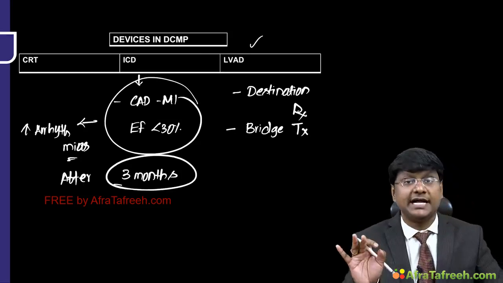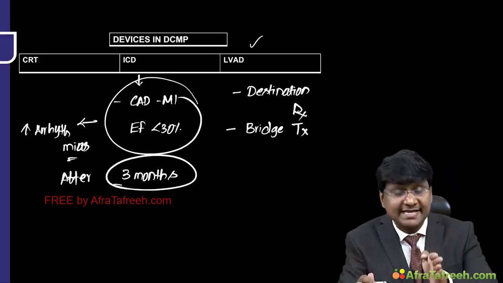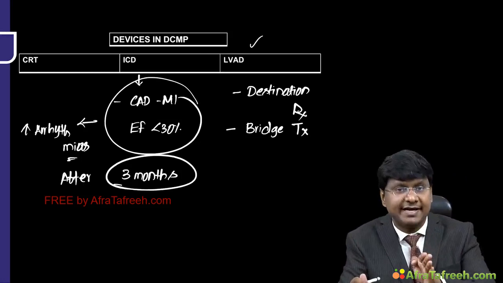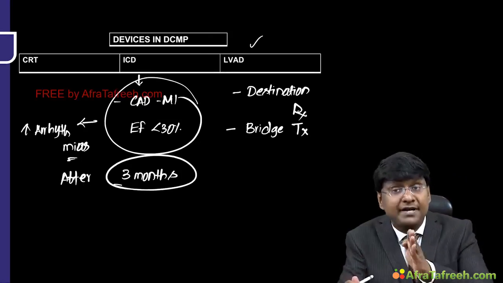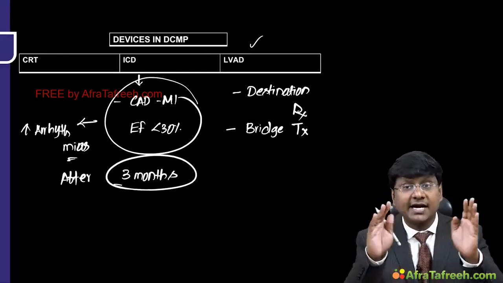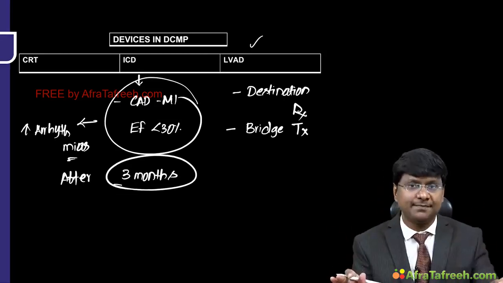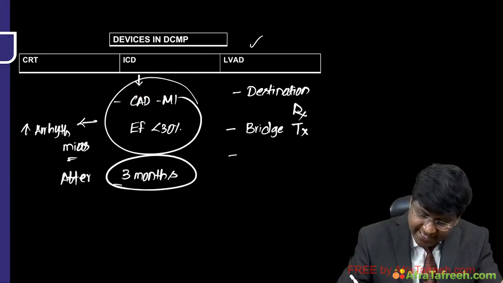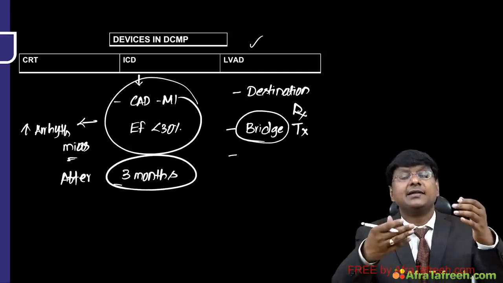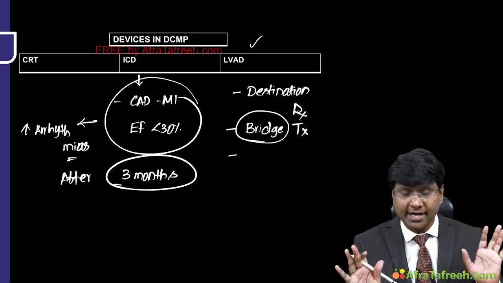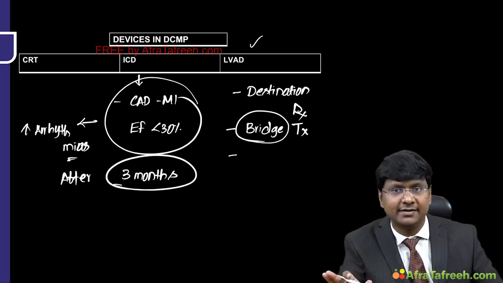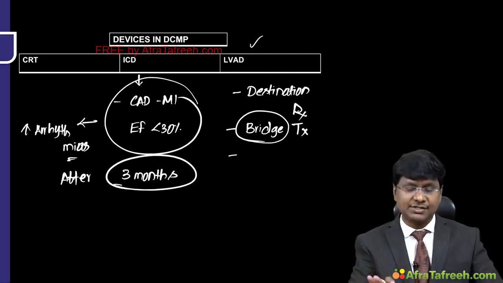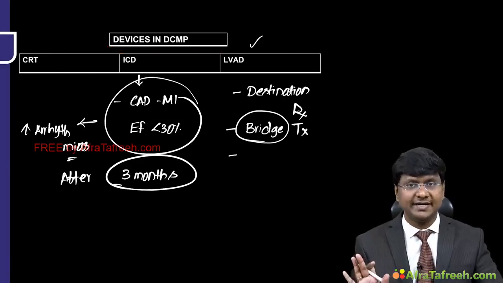So this left ventricular assist device acts as a bridge transplantation or a temporary measure until the cardiac function returns back, right? So this LVAD acts as the bridge between an individual and the cardiac transplantation, okay? Or the individual is unable to get a transplant, then you place the LVAD. So these are the devices that you need to put for dilated cardiomyopathy.